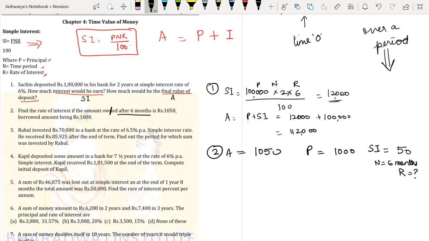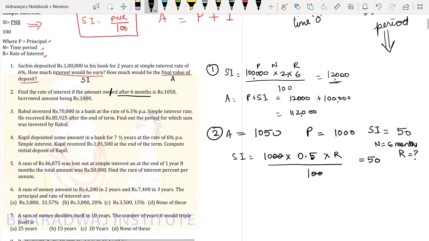So let us just put it in the formula. SI is equal to P into N. N is 6 by 12, so which is 0.5 into R, we have to find R, by 100. This is equal to 50. Okay, cancel the two zeros.